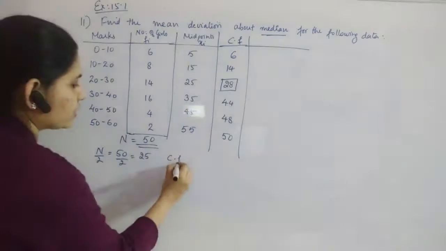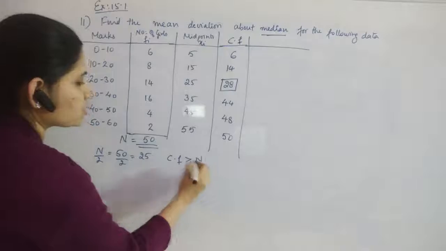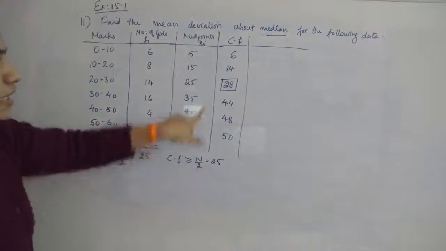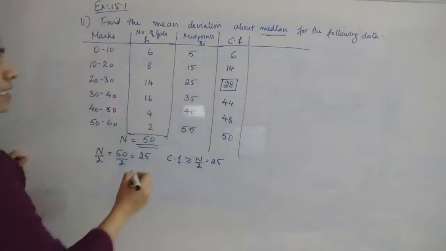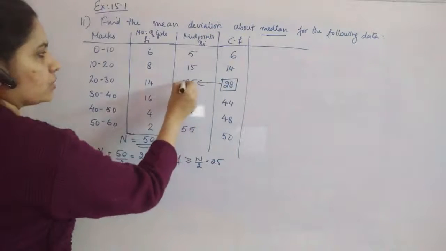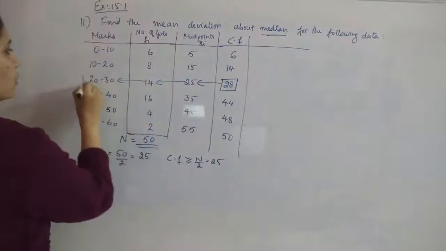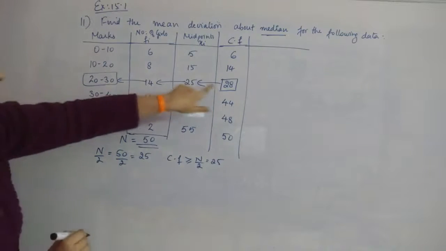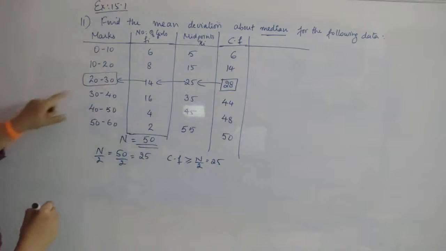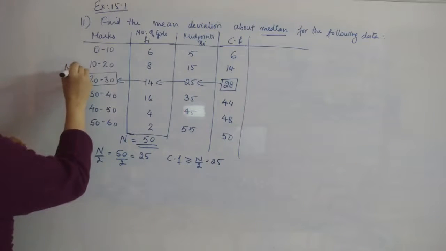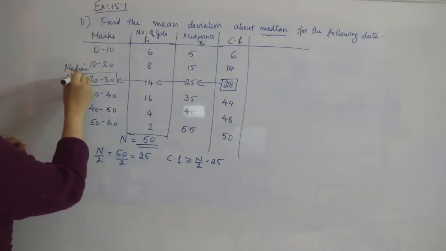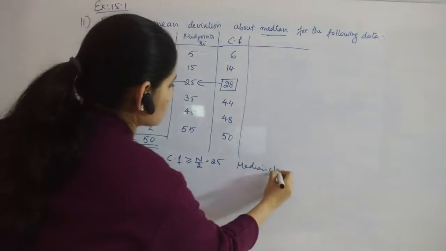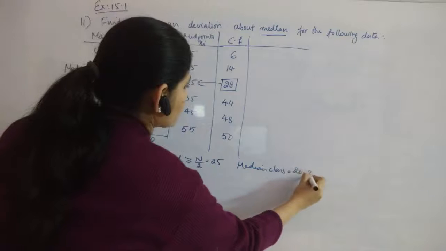Corresponding to that value you go to the class interval, and that will give you the median class. So the median class is 20 to 30.